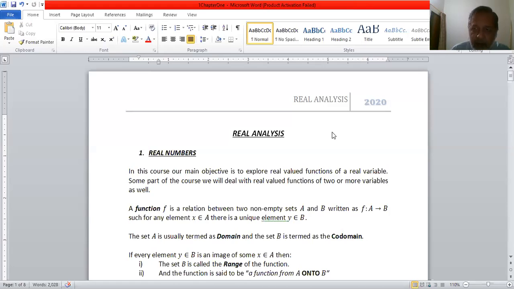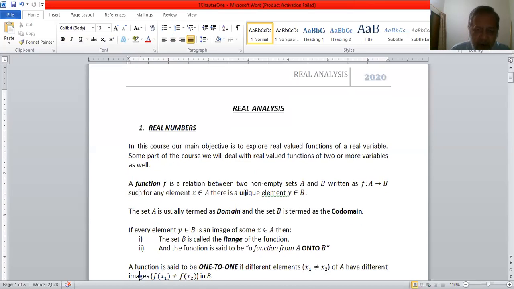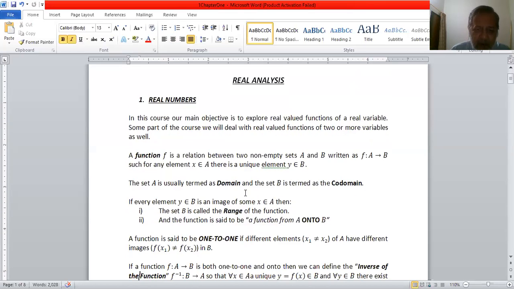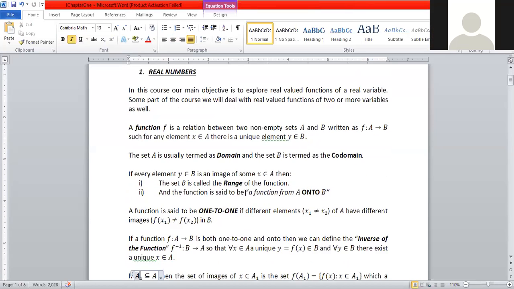Let me begin with the definition of function again. Just to recall, we will be using these terms too often. A function assigns a unique value in the second set for every element of the first set. The first set is the domain, the second set is the codomain.